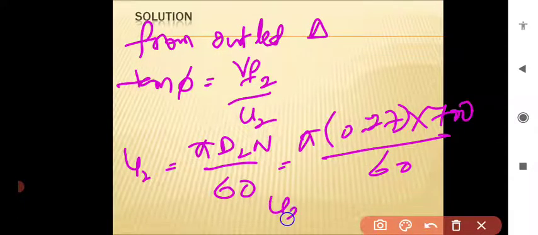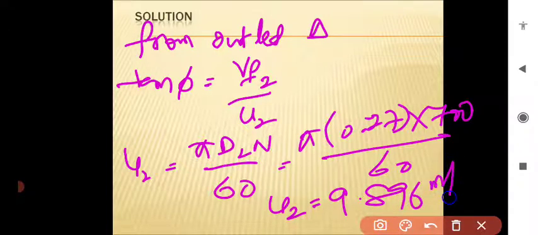Here you will get U2 is equal to 9.896 meter per second. Okay, substitute these values in this equation.